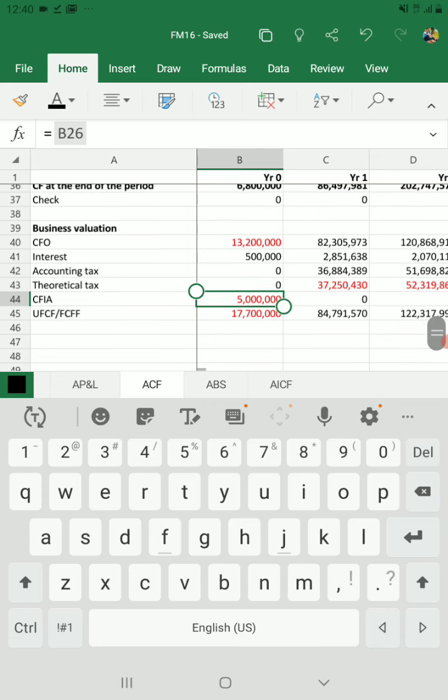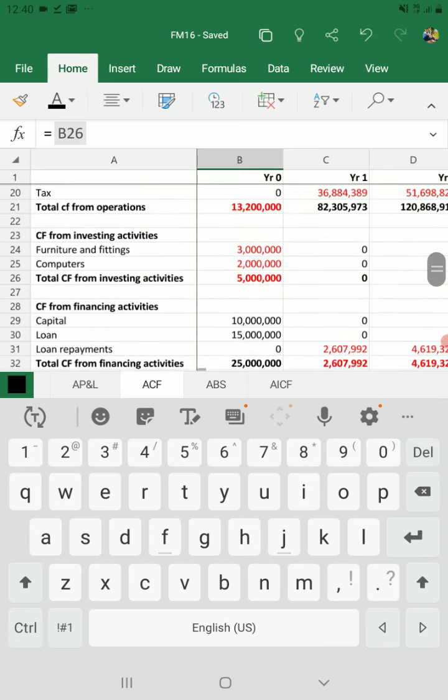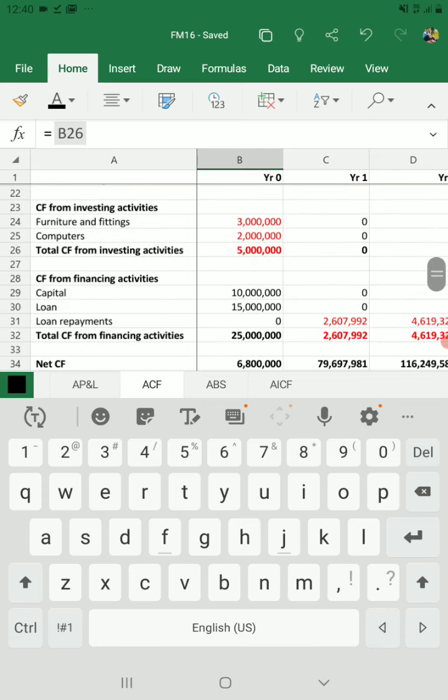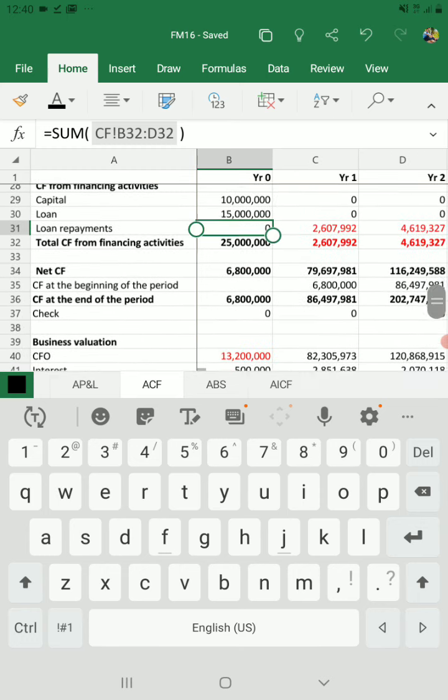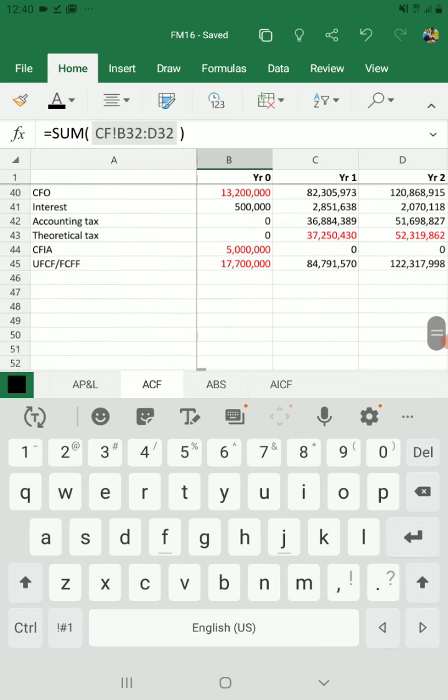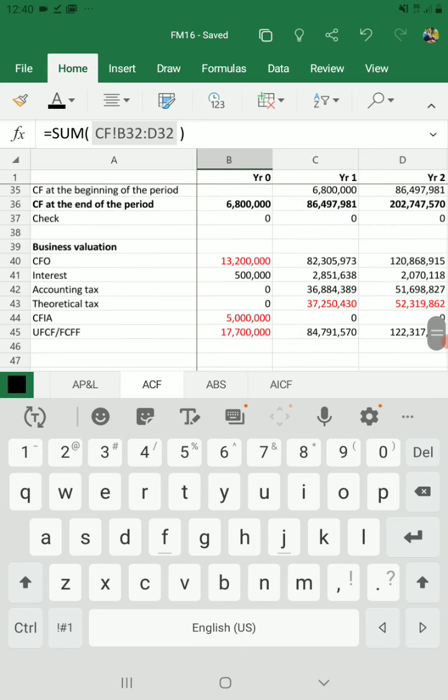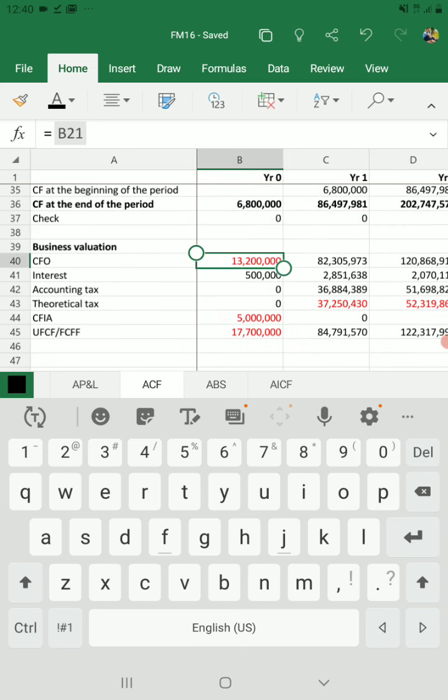Of course, in this presentation, cash flow from our financing activities, loan repayments are here in the cash flow from financing activities part. Okay, so our cash flow from operations does not have the effects of loan repayments.